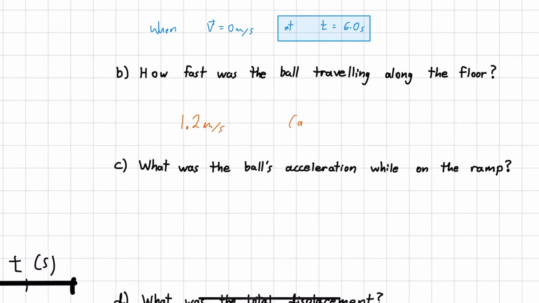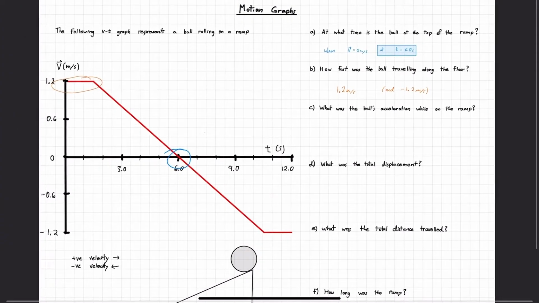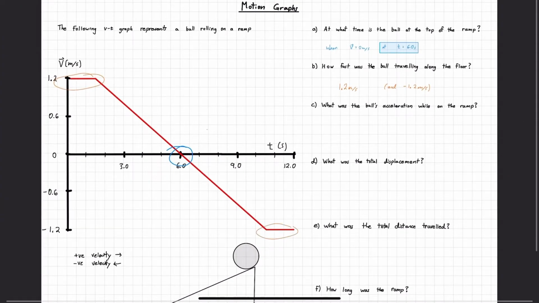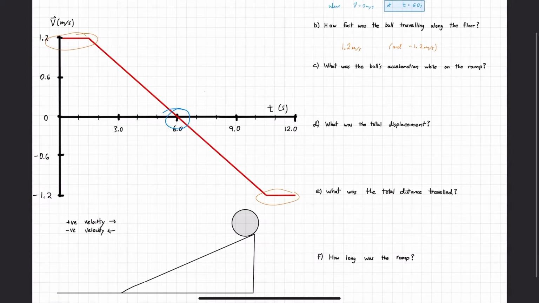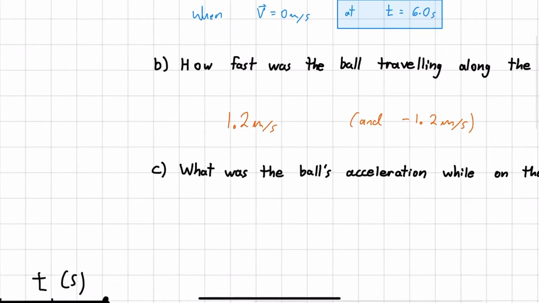And technically, if you wrote negative 1.2 meters per second, that would also be correct, because you'd be talking about this part here. And that is also when the ball's on the floor. But for simplicity's sake, we call it 1.2 meters per second.